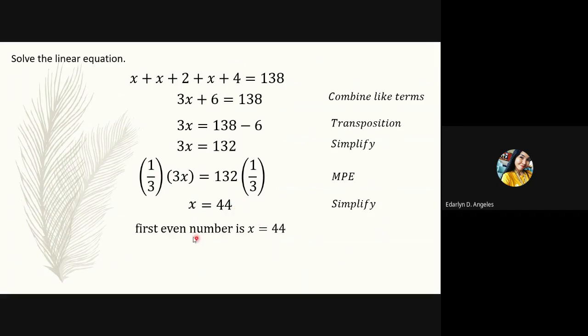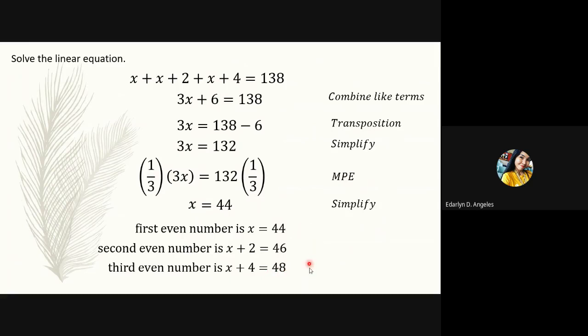Okay? So our first even number is 44. And our second even number is x plus 2. So that would be 44 plus 2. Of course, it is 46. And the third would be x plus 4. Just substitute the value of x on this one for you to get the third even number. So 44 plus 4 is equal to 48.